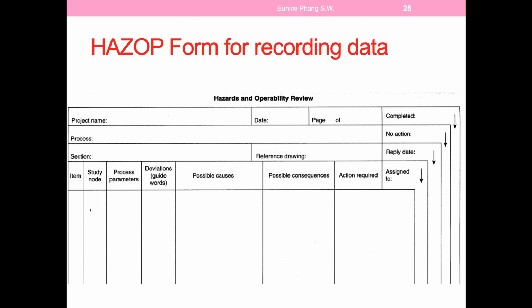Sometimes we only study one unit operation like a reactor. Sometimes we only focus on one pump itself, or even one valve, or even one piping flow, if that is a hazardous line. And you have to write down very clearly in the study note from where to where your study is.